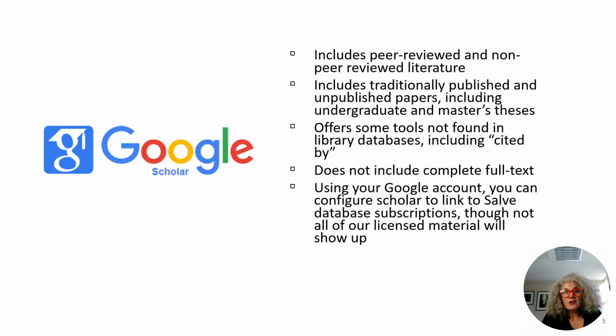Finally, Google Scholar searches institutional repositories, publisher websites, and other types of websites that tend to have scholarly publications on them, but they may also include things like undergraduate theses and other material that is not necessarily considered scholarly and may not be peer-reviewed as well.